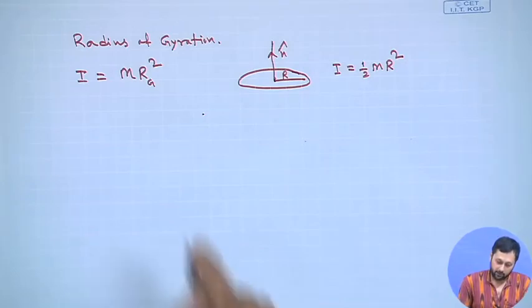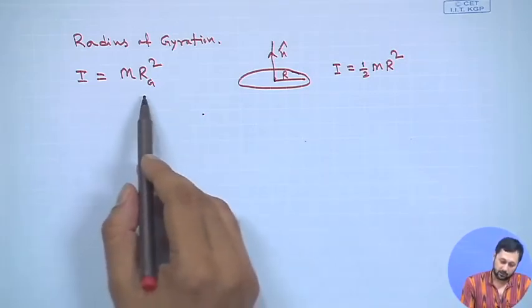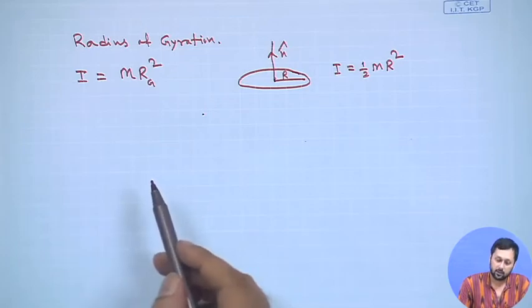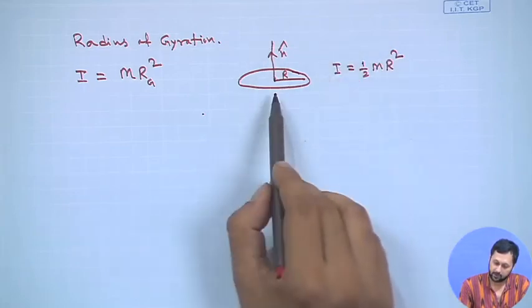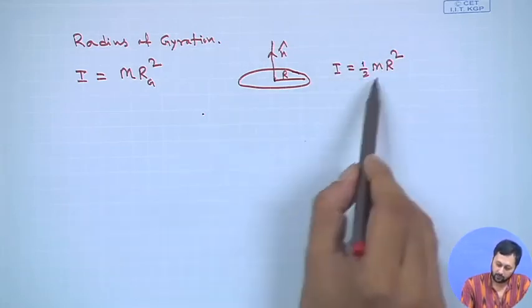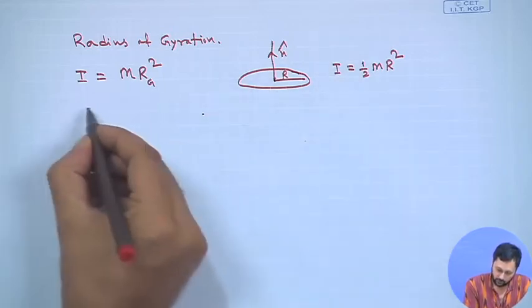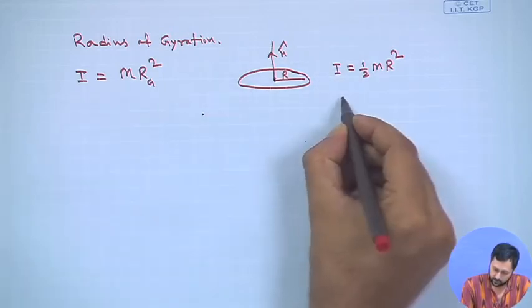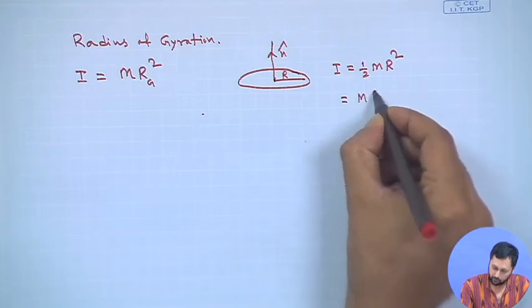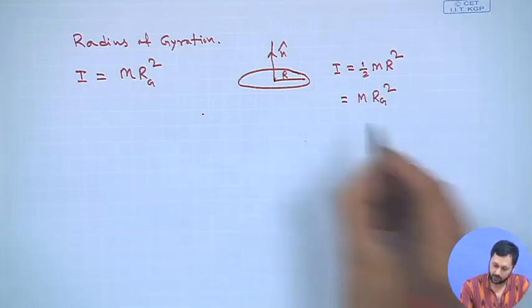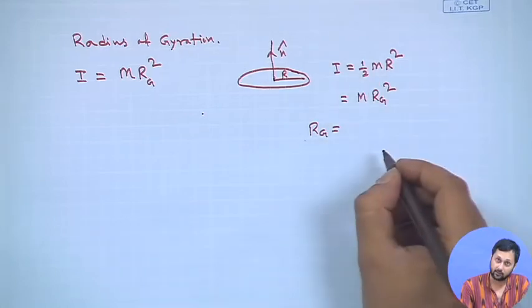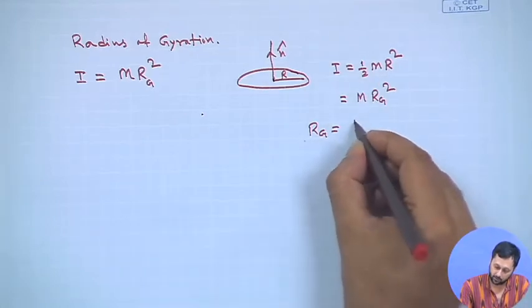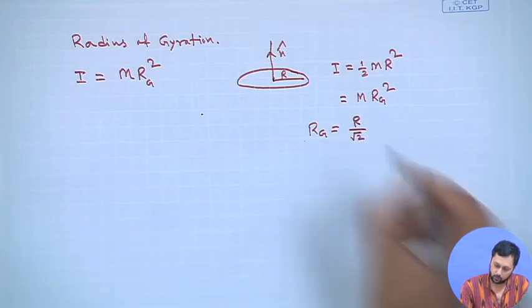Radius of gyration is a hypothetical radius that we can calculate for any object and any given axis if we know I. If I set this equal to m r_g square, m immediately cancels out, and we get r_g equal to R by root 2.